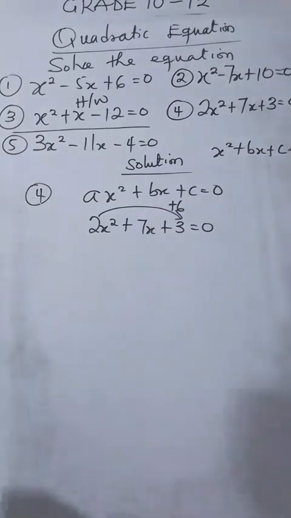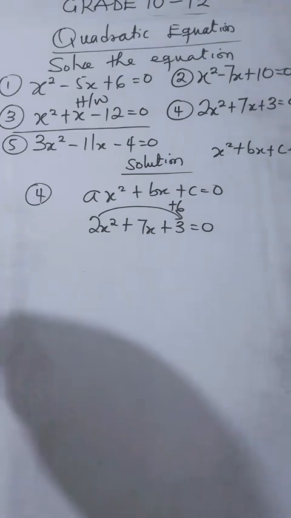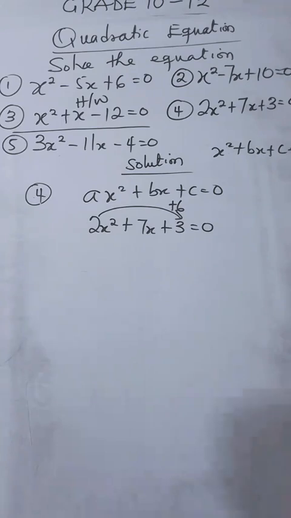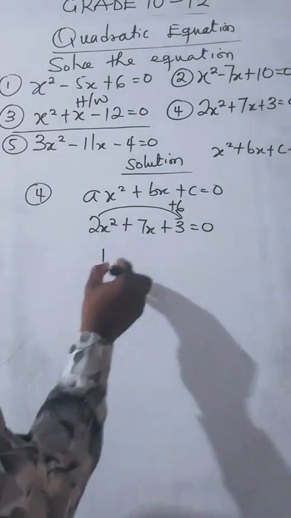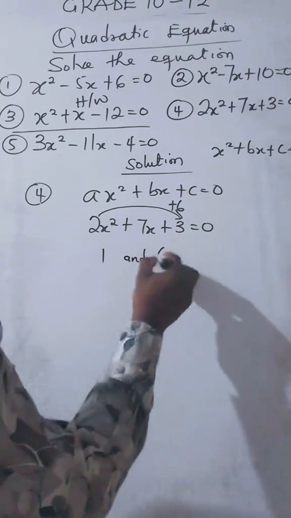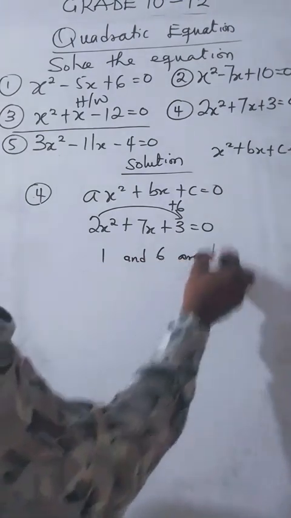Here you look for two numbers that you multiply, you get 6. The same two numbers, when you add, you get 7. So obviously 6 and 1. 6 plus 1 is 7. So 1 and 6 are the factors.